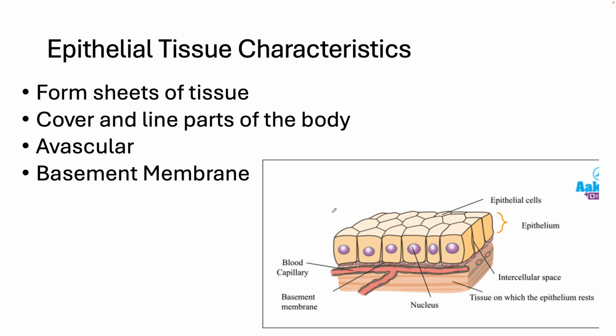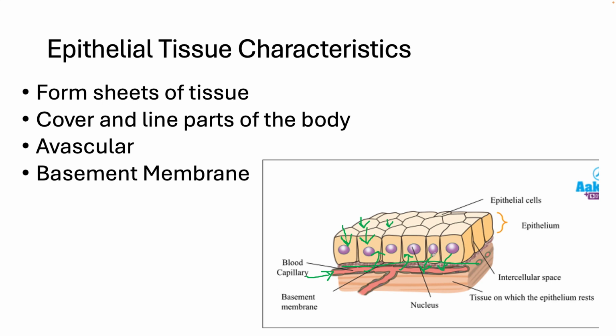So you can see here, these are the cells that are all held together to form this sort of sheet on top. Those are the epithelial cells. And then here's the basement membrane. And then underneath that, you can see that there's a blood capillary. So all the nutrients and things that the blood is bringing go through the basement membrane and up into the epithelial tissue, and all the waste goes back down into that blood supply.